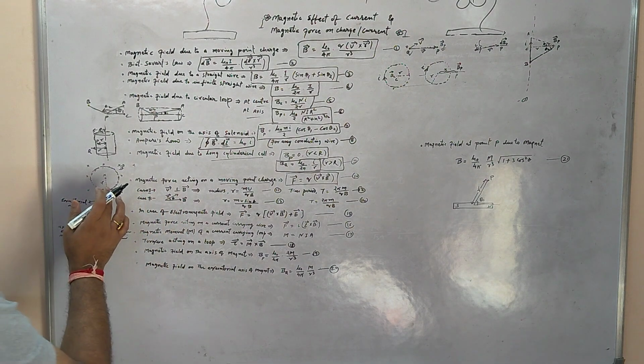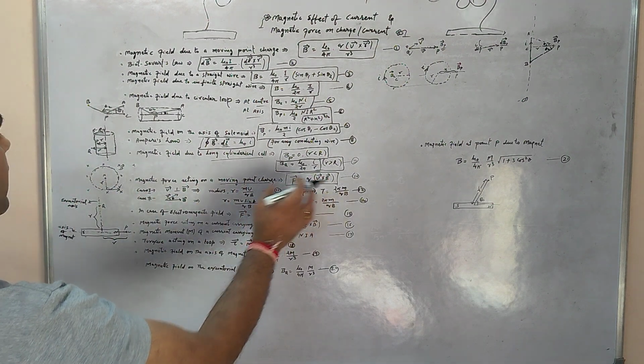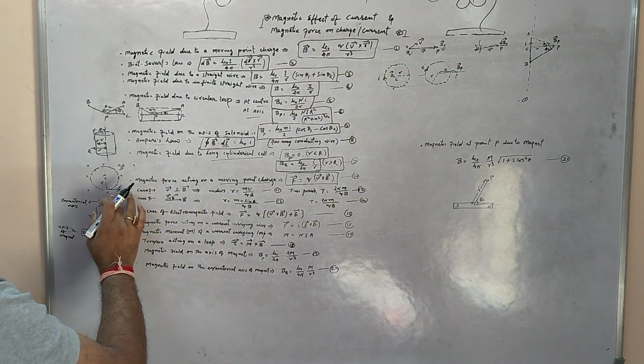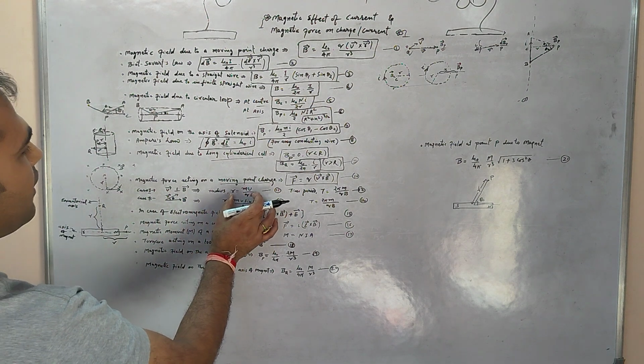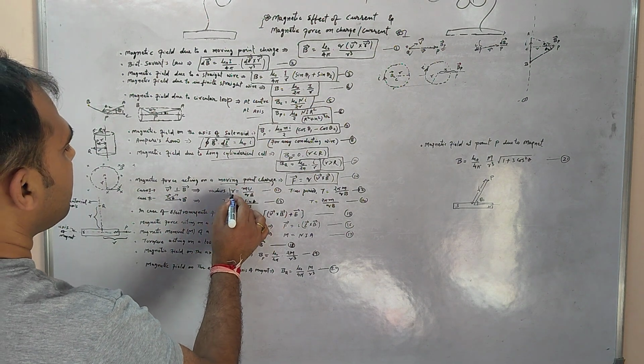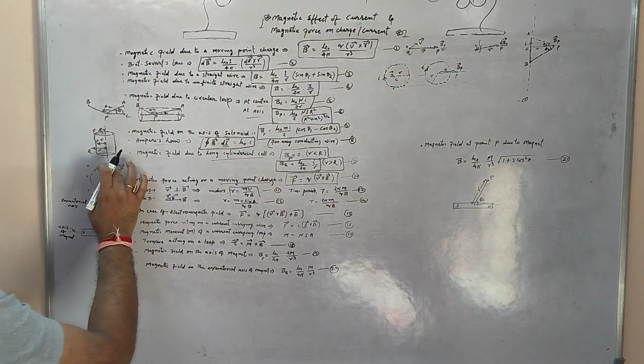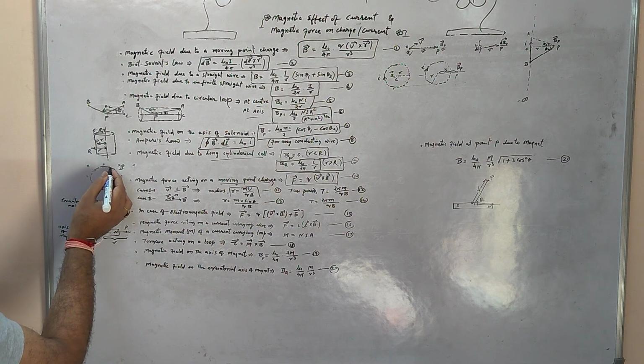So if centripetal force will be qvB, then by mv square by r you can find the radius of this circle, that is the path of the point charge.